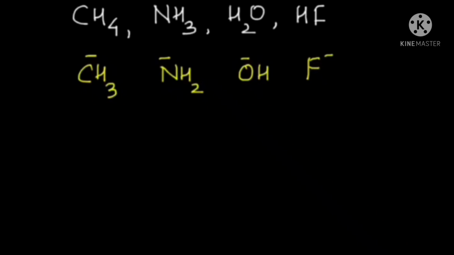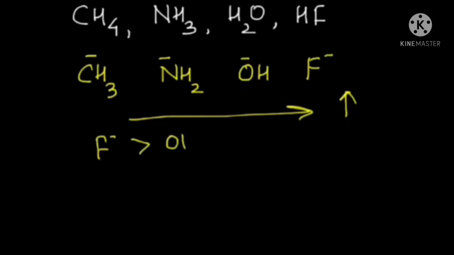And we know across a period from left to right, stability of negative charge will increase. Okay? So we will have F minus is more stable than OH minus, which is more stable than NH2 minus, and finally we have CH3 minus.